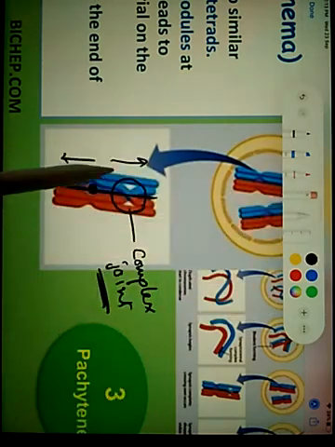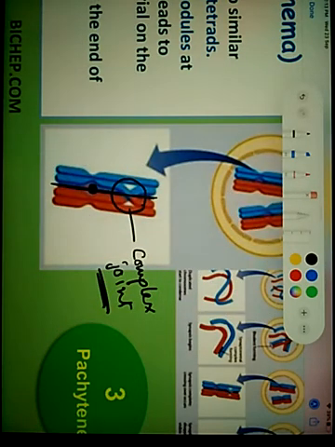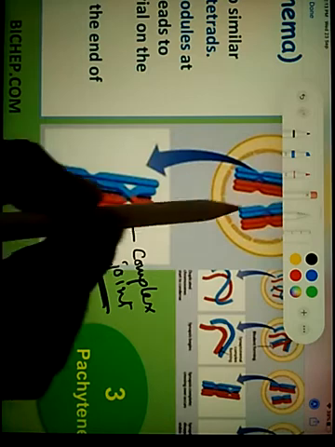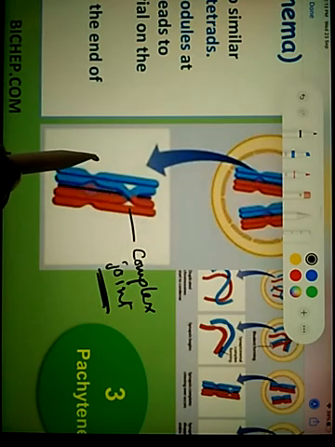So this is making a more stable pair between two homologous chromosomes, right? In this phase, the joint becomes more stable from the point of their center.